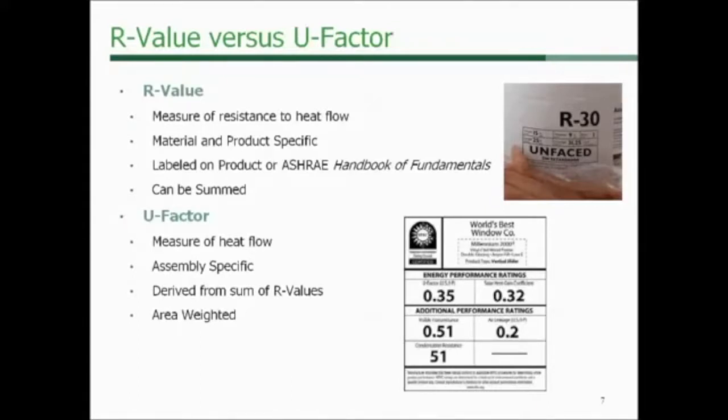They're also often used for assemblies of entire walls or floors. And they're derived from the sum of R values. You can't just sum U values as easily as you can R values. They're more area weighted averages than R values are.